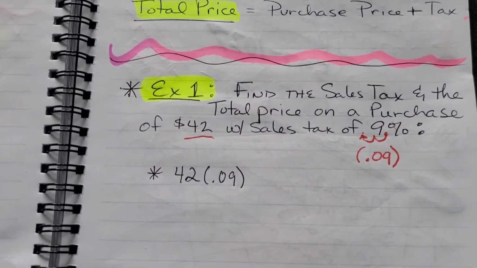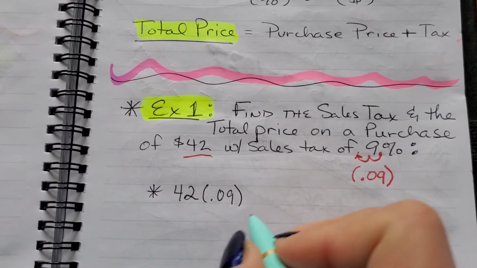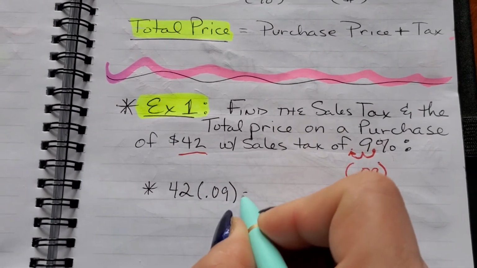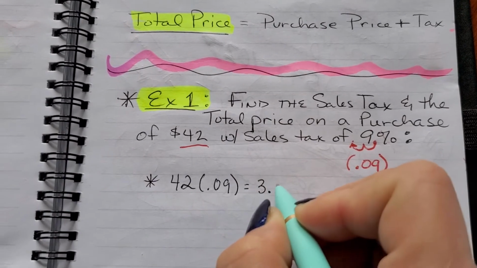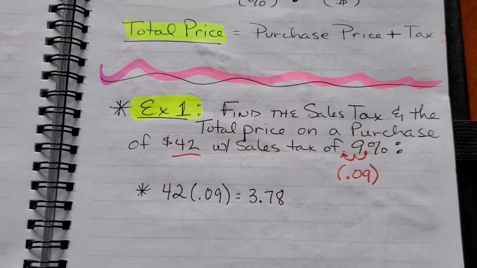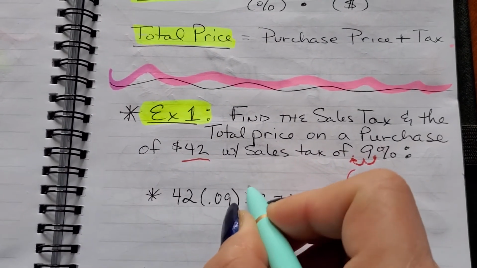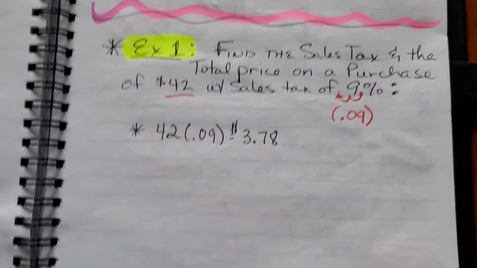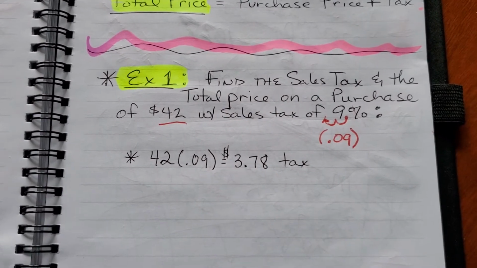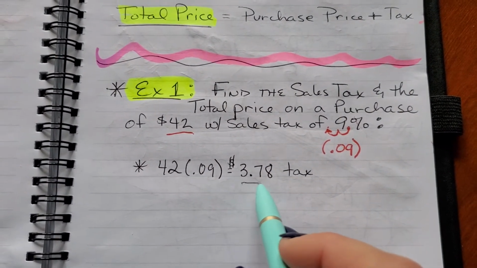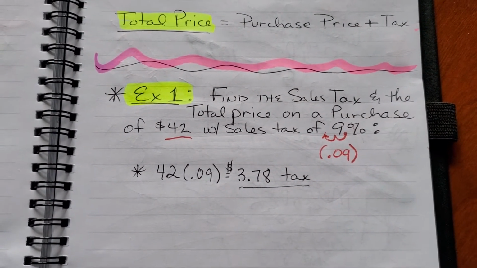Enter that in your calculator, 42 times 0.09, and you should get 3.78. Now that's great because what did that just tell us? Well, that's telling us the amount of tax that we are going to pay on this $42 item. This is not what we get to walk out of the store paying, right?